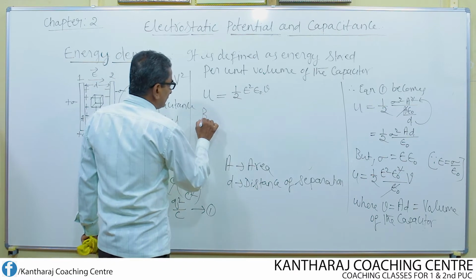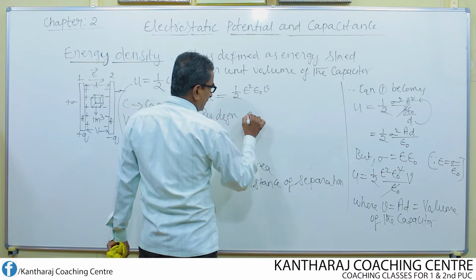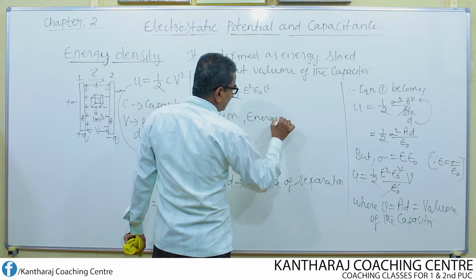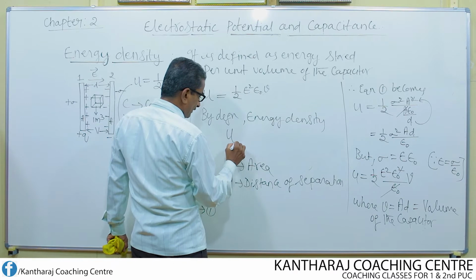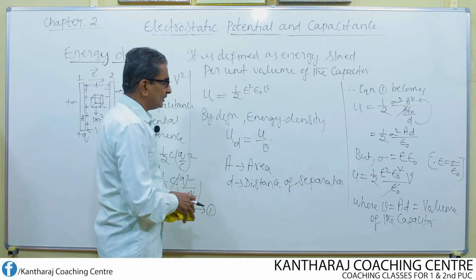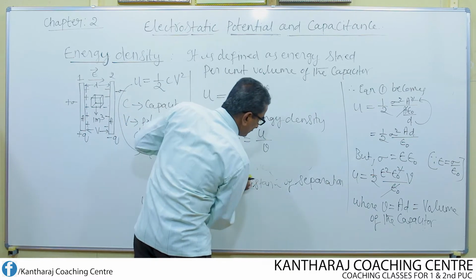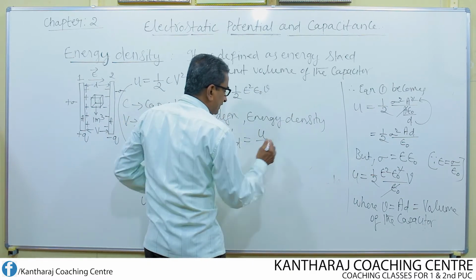But by definition, what is energy density? By definition, energy density is given by U_D equal to energy per unit volume. So, if I substitute for the energy, then what do I get?